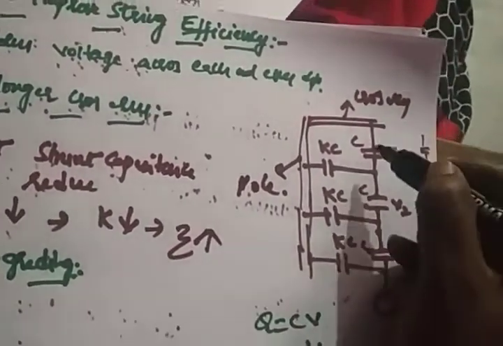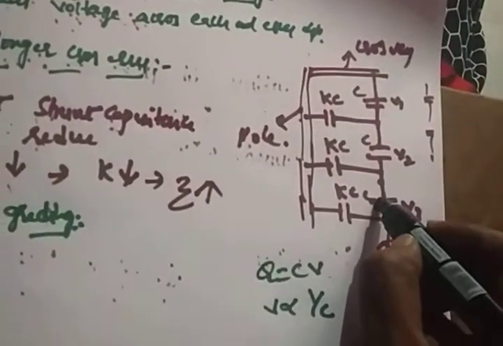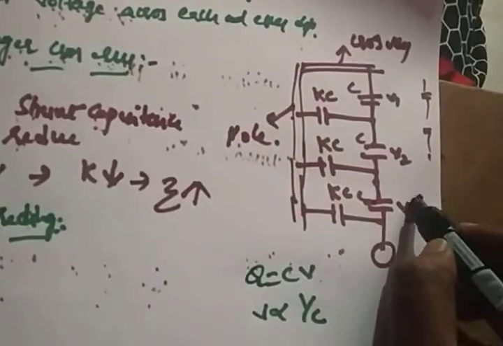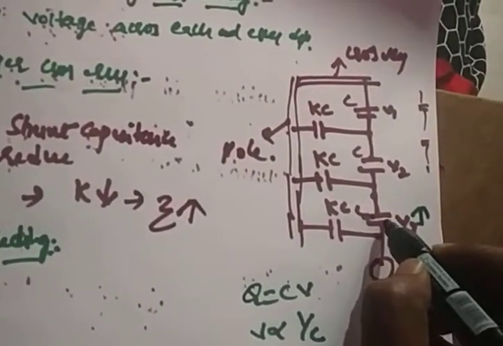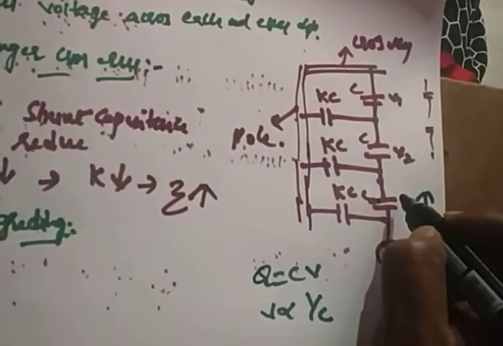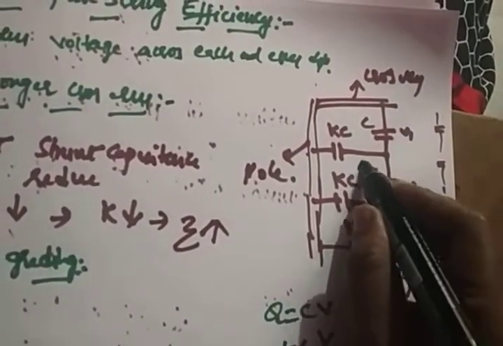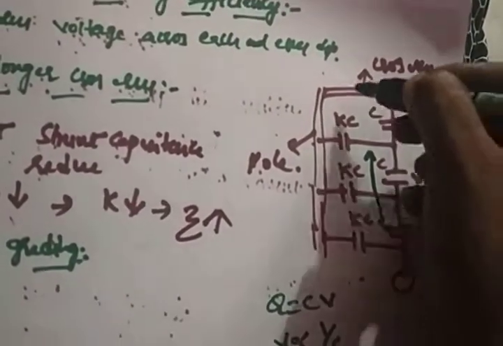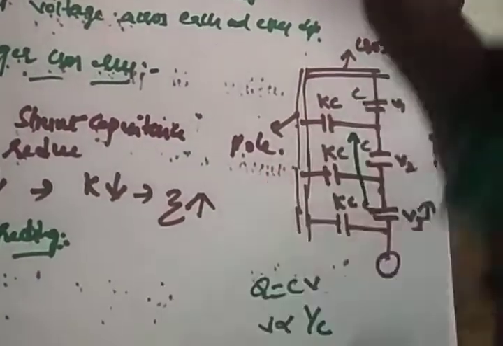You take different capacitances. Where the voltage is very high, you take a capacitance value very less. From the top to the cross arm, your capacitance value is going to increase. Then you can maintain the voltages in a balanced way.